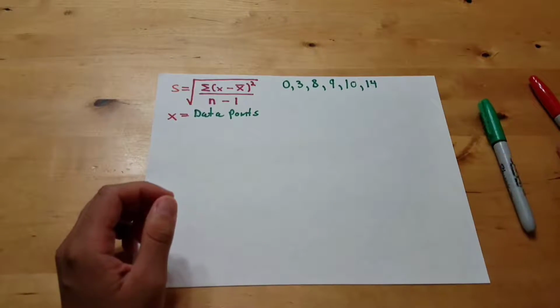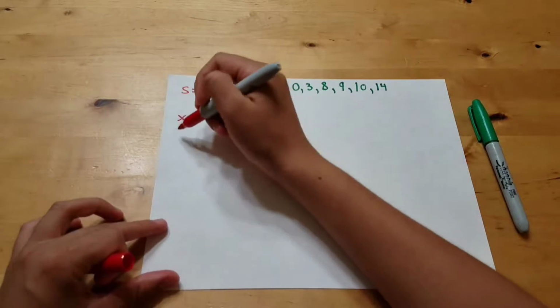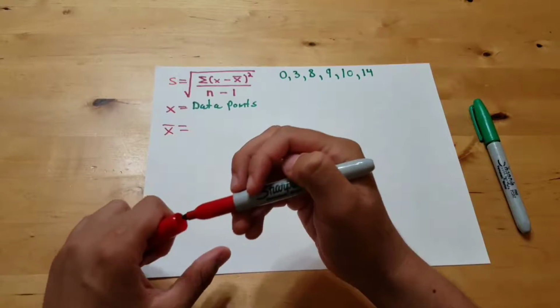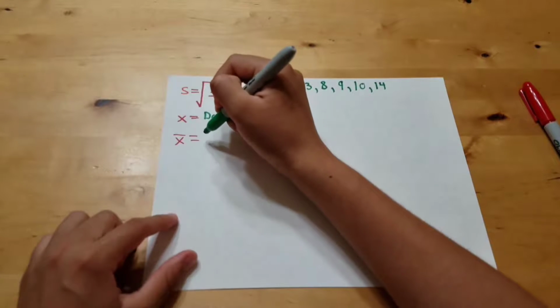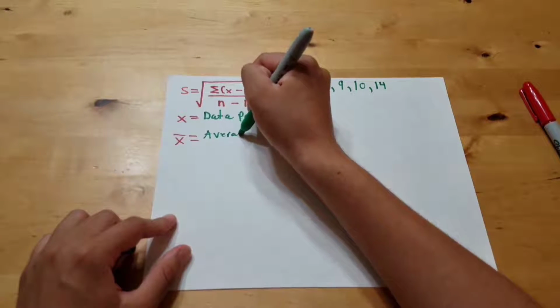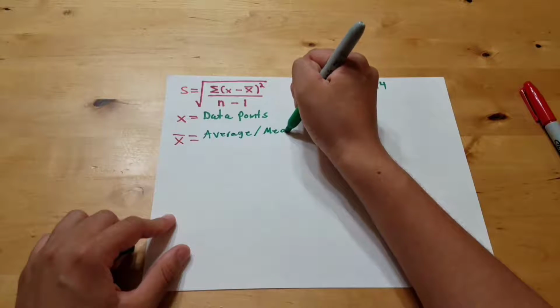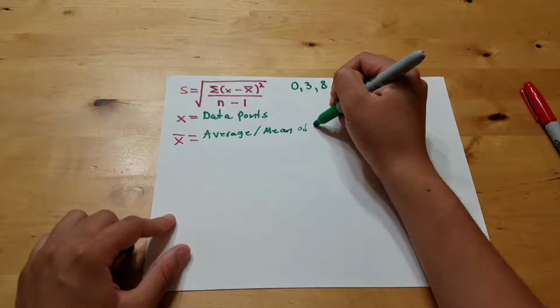And then another thing you have to worry about is the X with the line over it. This is equal to the average, or mean, whatever you want to call it, of the data set.